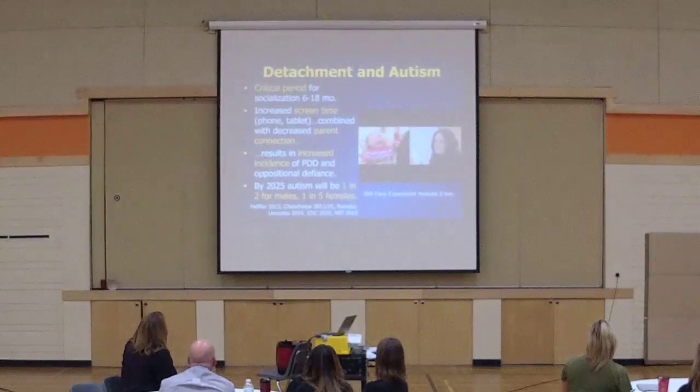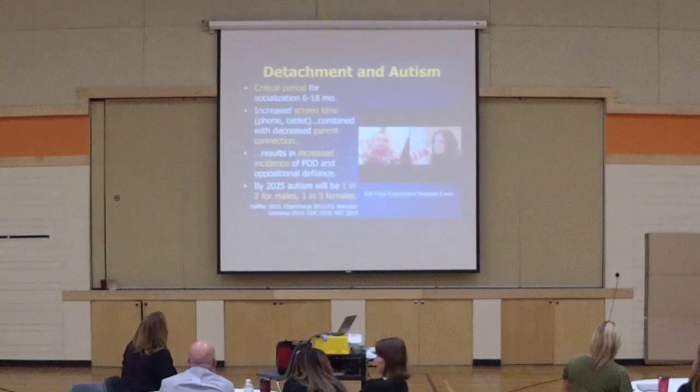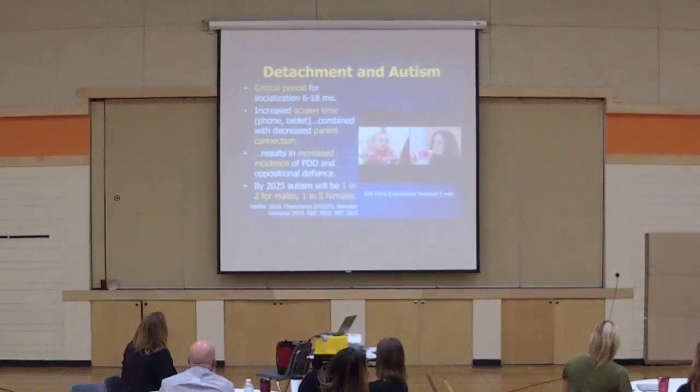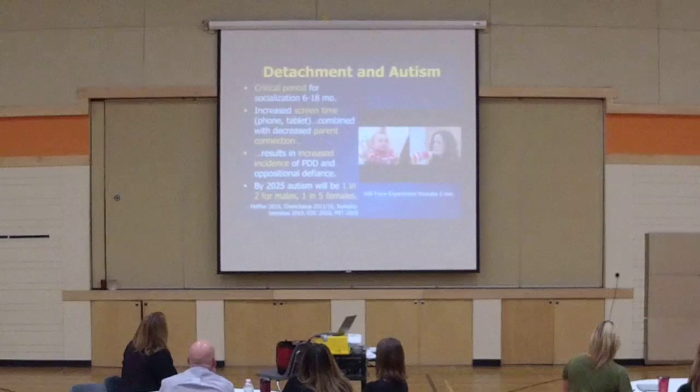And then she uses all of her abilities to try and get the mother back. She smiles at the mother. She points because she's used to the mother looking where she points. The baby puts both hands up in front of her and says, "What's happening here?"